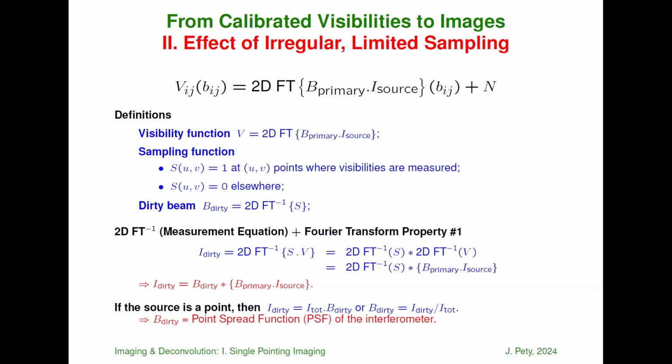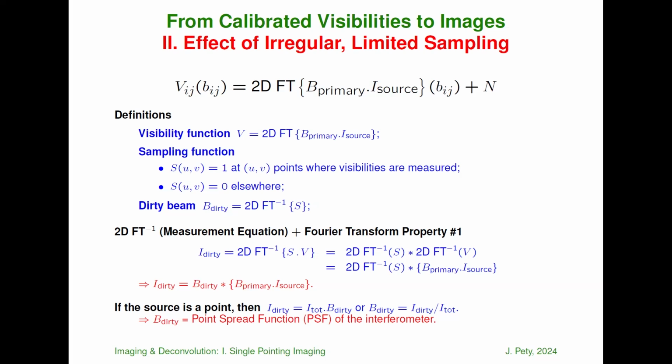This is a continuous function, but we're sampling it at some particular positions in the UV plane. And so we are introducing the sampling function. The sampling function, to first order, is defined as S(u,v) equal to 1 for UV points where the visibilities are measured, and 0 everywhere else. And we will define what we call the dirty beam as the inverse Fourier transform of the sampling function. Why not? Okay.